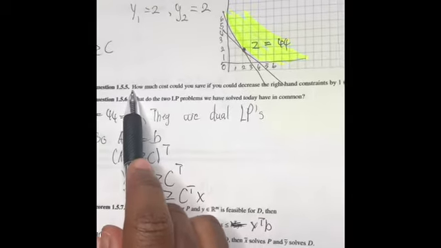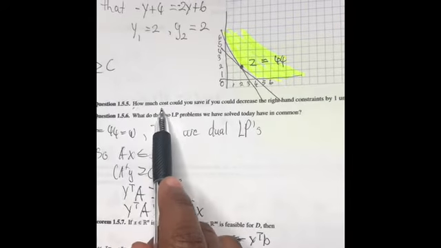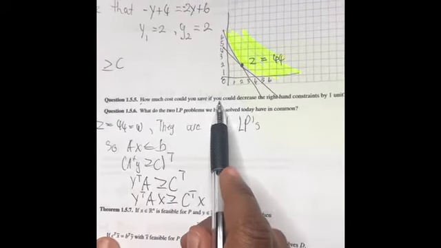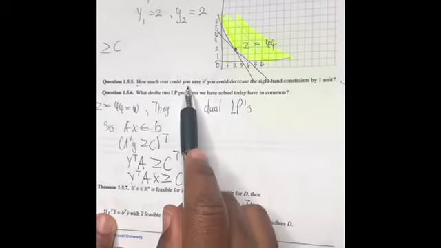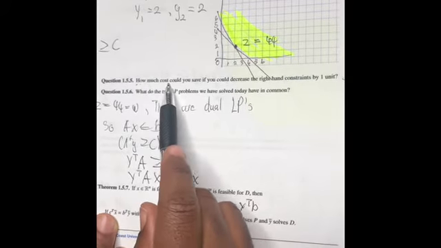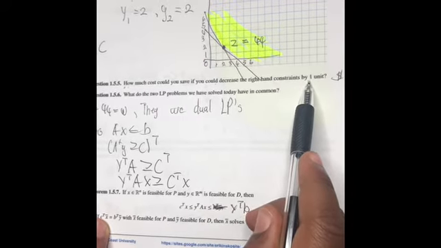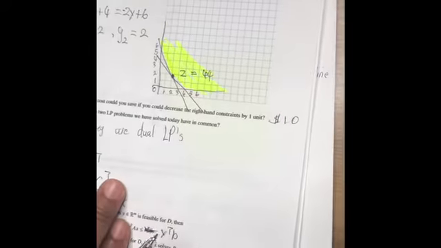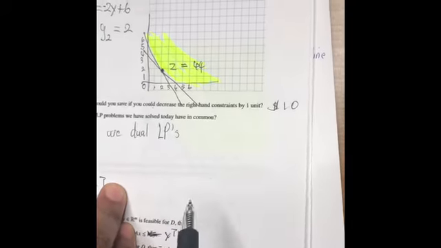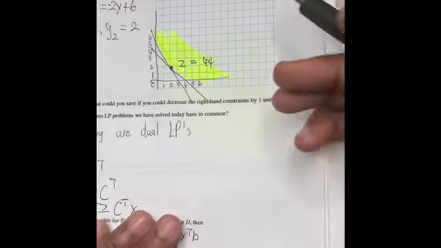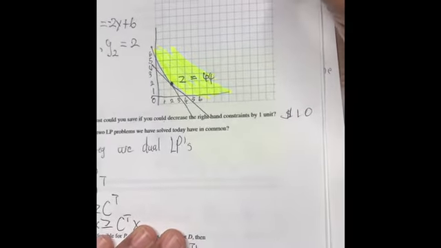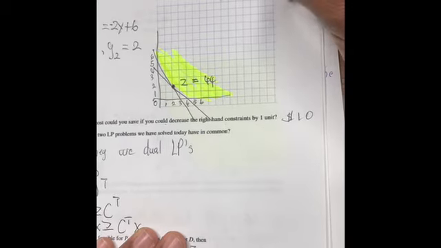Now we will try to find how much cost you could save if you could decrease the right-hand constraint by 1. We can easily see that if you were to decrease the right-hand constraint by 1, you would gain $10.